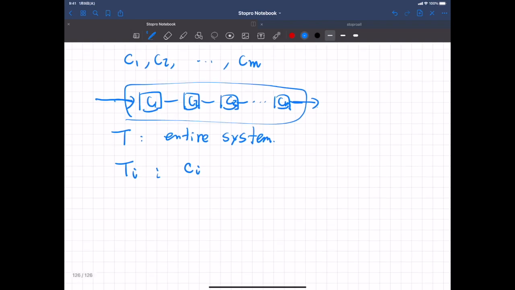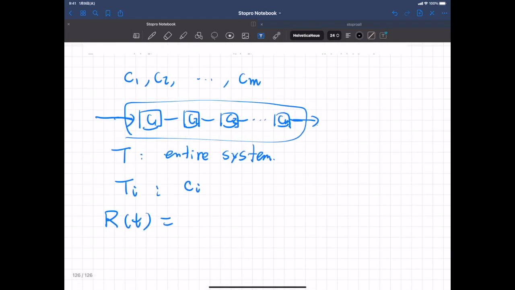Okay, in this case, the reliability function of the entire system should be like this. Since these components are connected in series, if one of them fails, then the whole system fails.